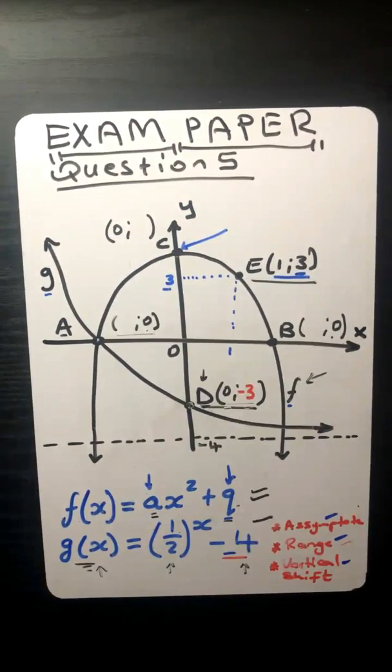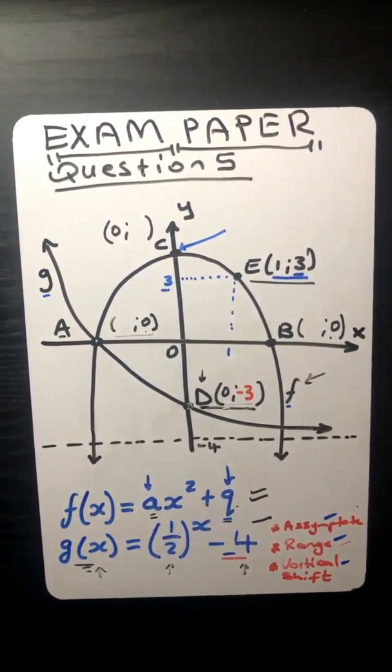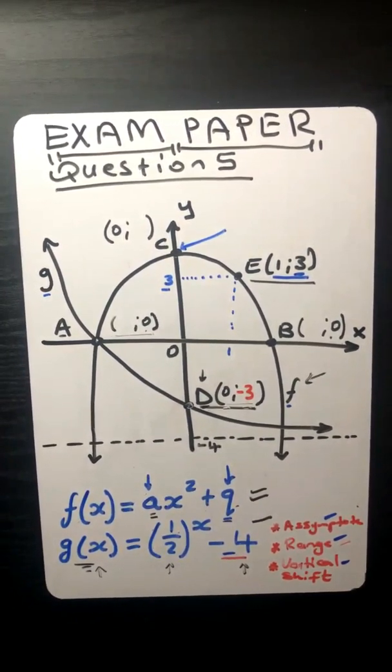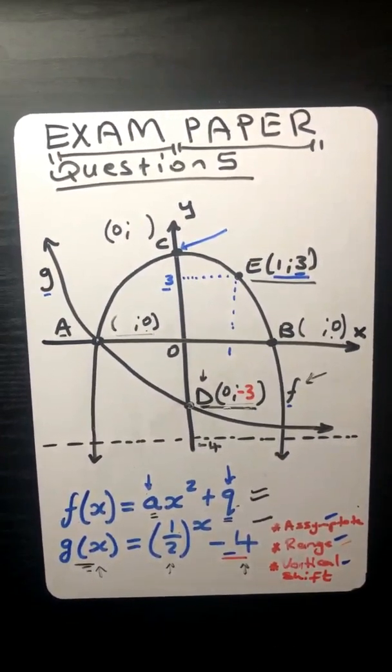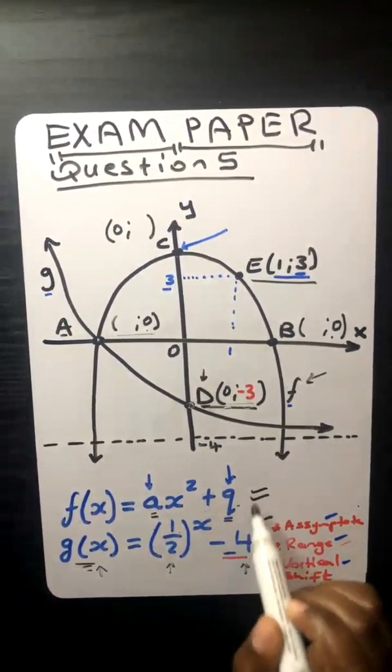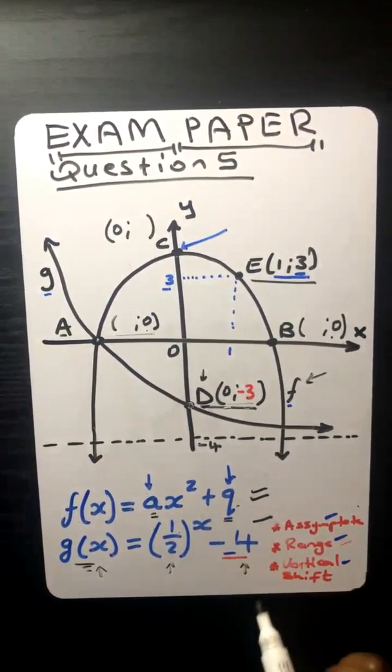What about Q? I think Q is our turning point. Who's speaking? Determination. Okay, so determination with regards to Q. Q tells us more about the vertical shift.